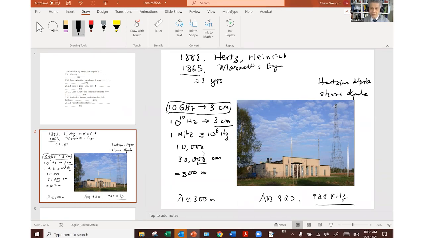And the story was that when Maxwell's equations were first written down, very few people could read beyond the first 50 pages of the treatise. So James Clerk Maxwell wrote a book called A Treatise on Electricity and Magnetism. It was very hard to read.